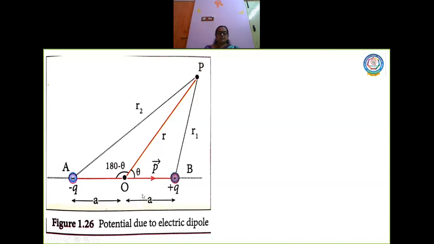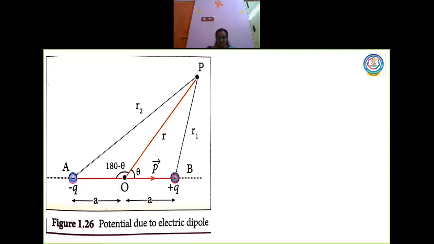I am going to consider a point P, which is located at a distance of R from the midpoint of the dipole.